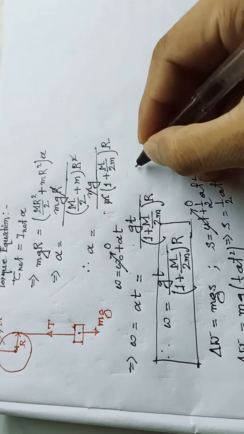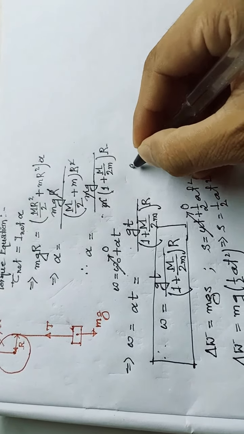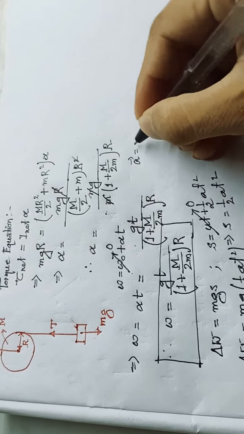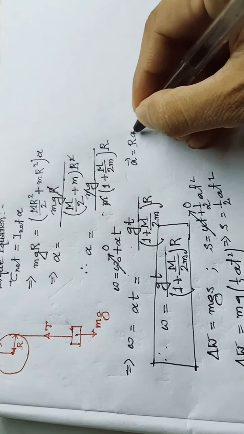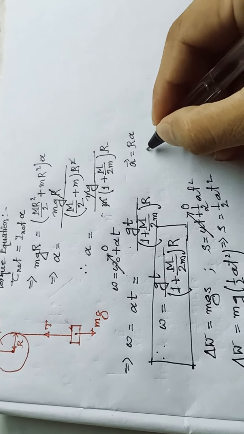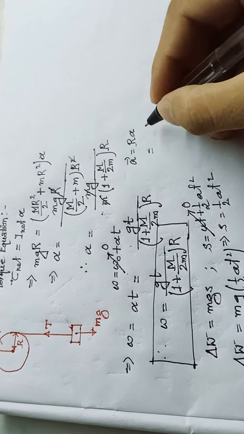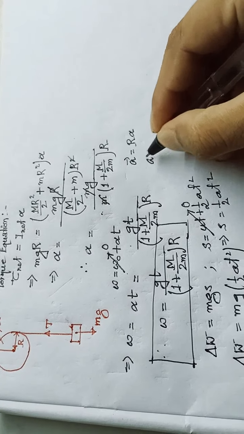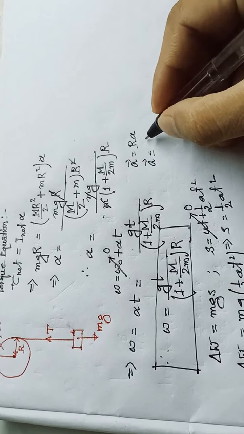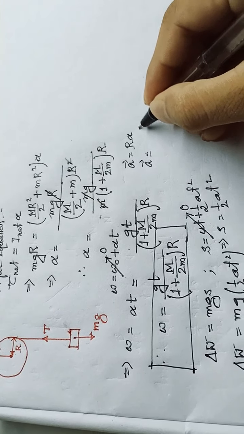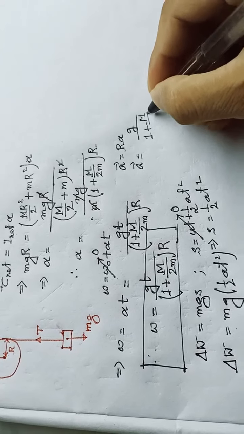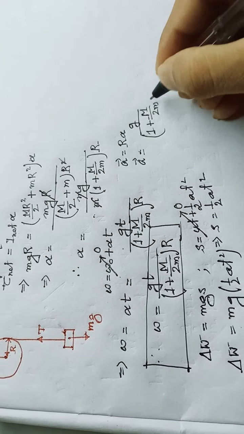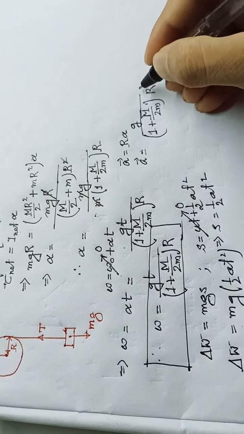Now there is the value of alpha, but we don't know the value of a, the linear acceleration. For finding the linear acceleration, we will write a equal to r alpha. After substituting the value of alpha, we get the linear acceleration as g divided by 1 plus capital M divided by 2 times small m, into r, multiplied by r.